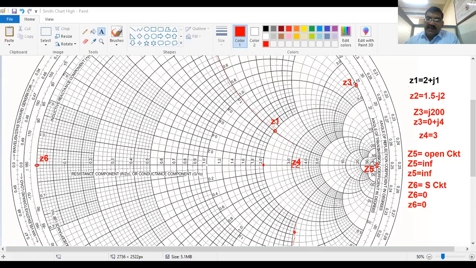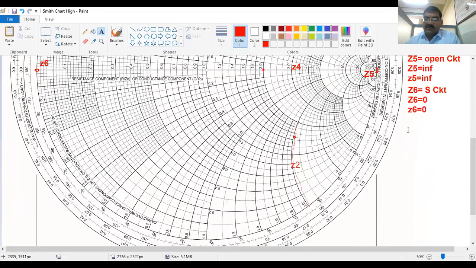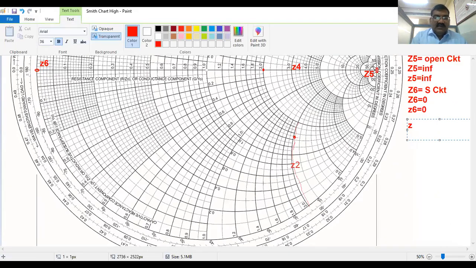If I take z7 as 50 ohm, capital Z7 equals 50, no j part. What will be the small z7?